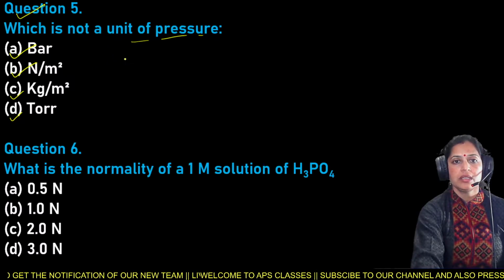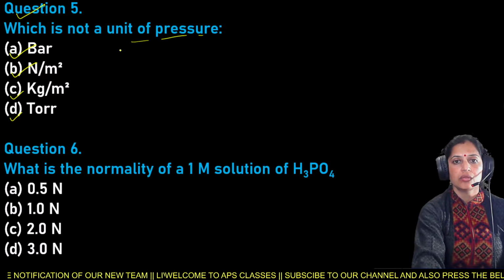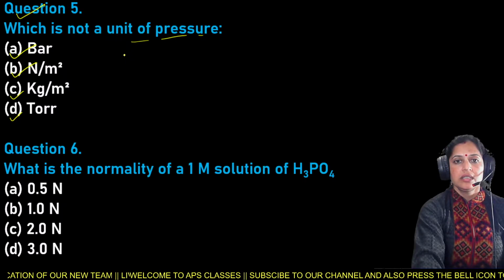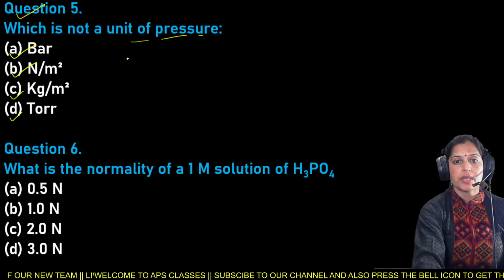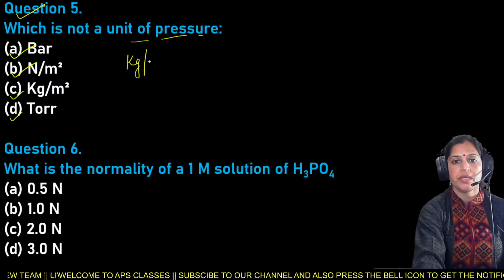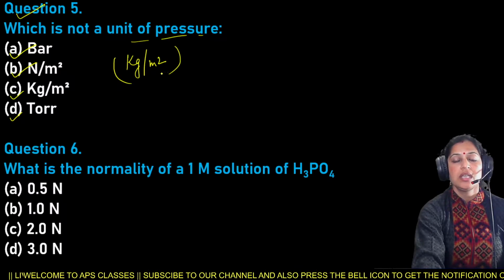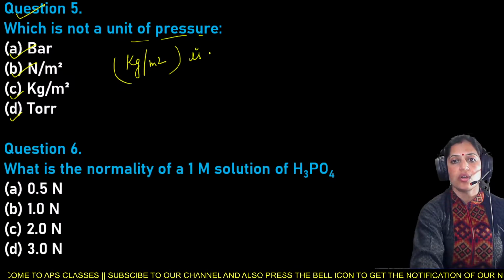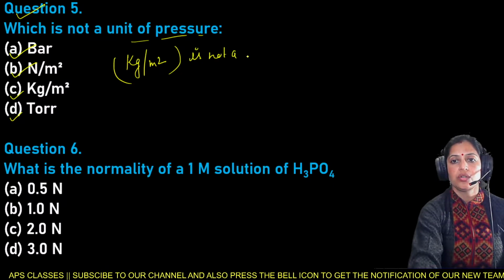So here, beta, out of these, which is not a unit of pressure is kg per meter square. Kg per meter square is not a unit of pressure.